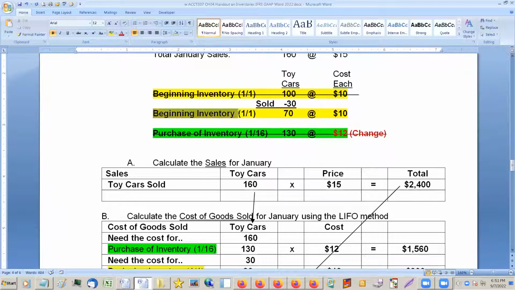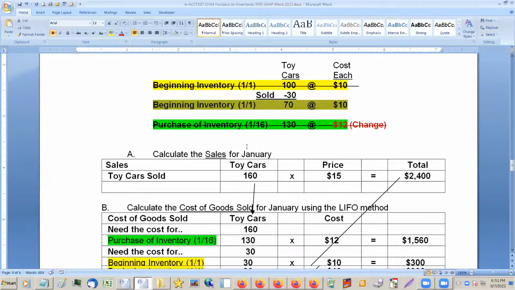From this beginning inventory, we have 70 at $10, so this will be our ending inventory.